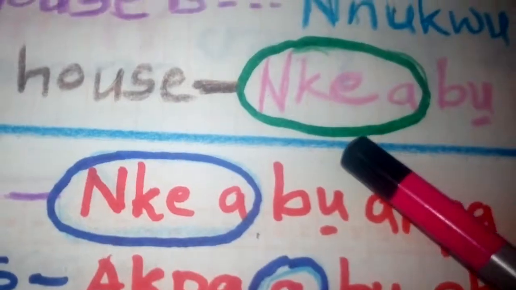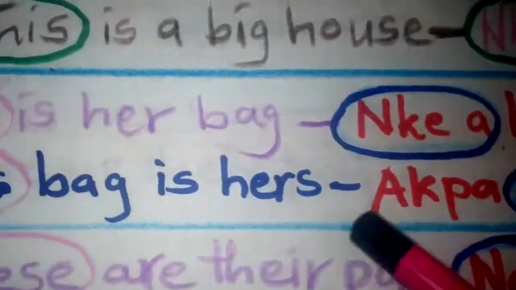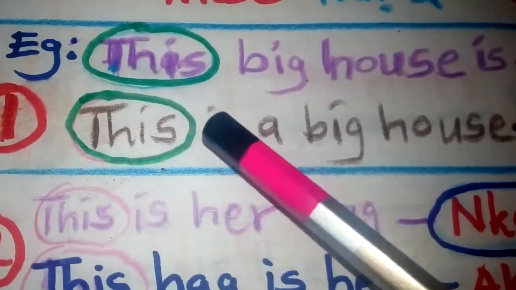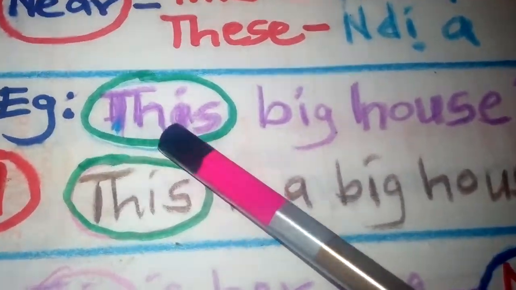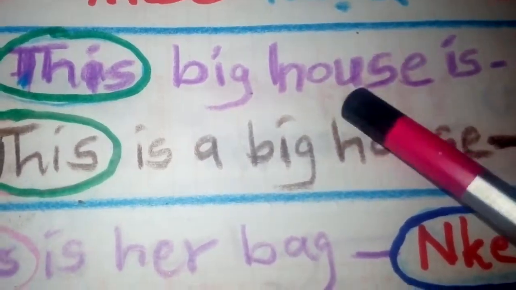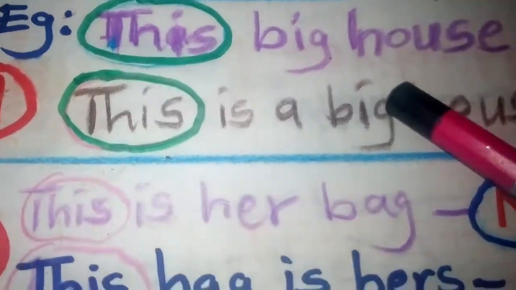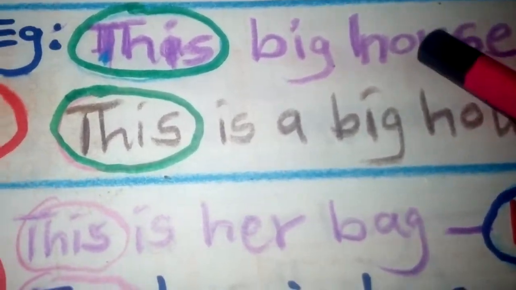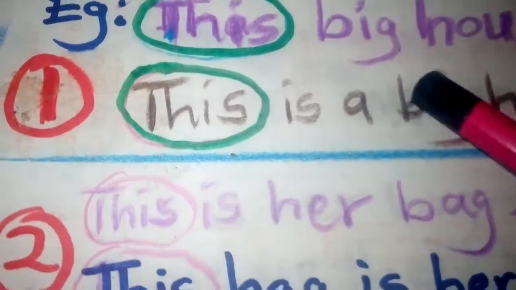He doesn't need the link, which is bo in Igbo language. So he doesn't need bo between this and the noun or pronoun before he can talk or gossip, because you want to gossip very fast. So no need of a link.